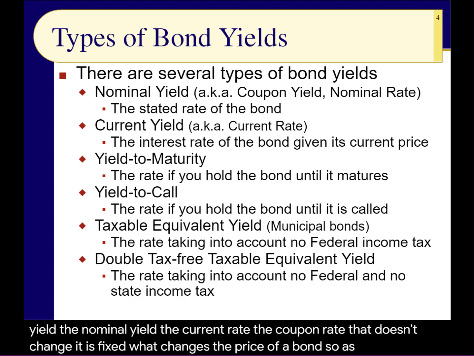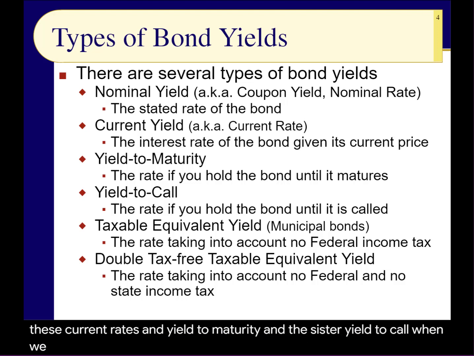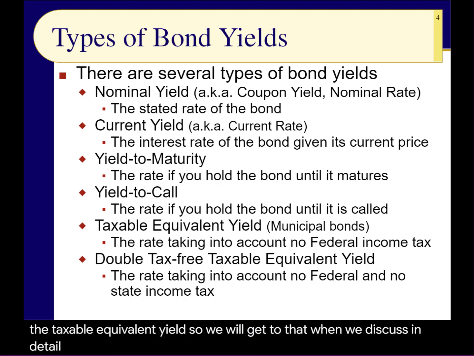So as the bond's price changes, so do these current rates and yield to maturity and the sister yield to call. When we discuss municipal bonds, we need to take a look at what is called the taxable equivalent yield. So we will get to that when we discuss in detail the calculations for municipal bonds.